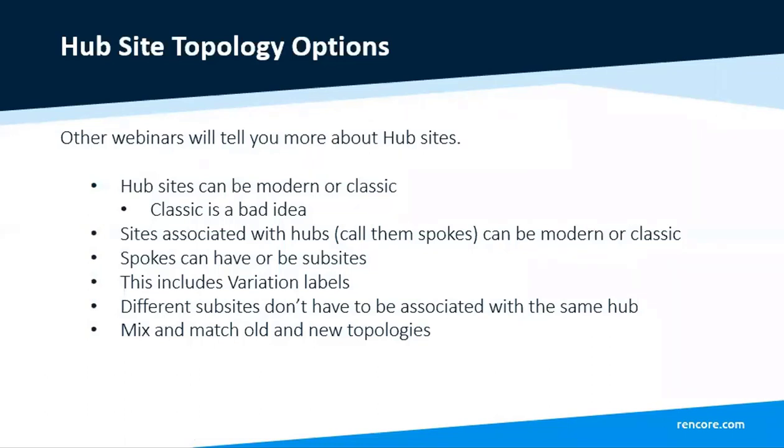So any spoke site associated with a hub can be a subsite of another site, can have subsites. And this includes variation labels. If you have classic sites, you can have individual variation labels, which are essentially subsites associated with one hub or another hub. So what that means is whether you use variations or not, whether you use classic sites and subsites or not, you can have a mix of old topologies and new topologies.